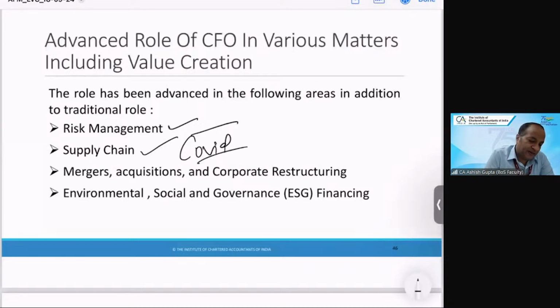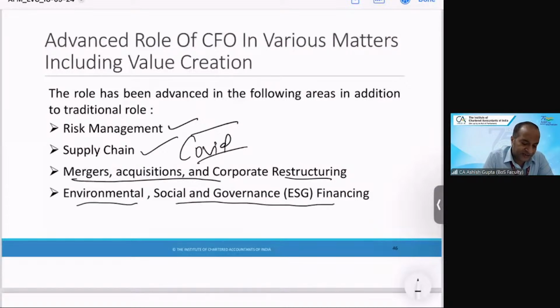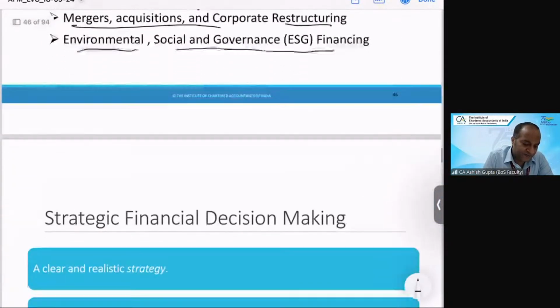Then it becomes mergers and acquisitions, and then corporate restructuring, which I have discussed with you. The next is environmental, social, and governance financing. So what is ESG?